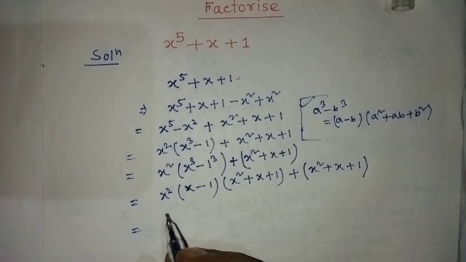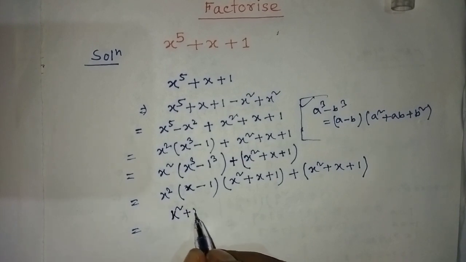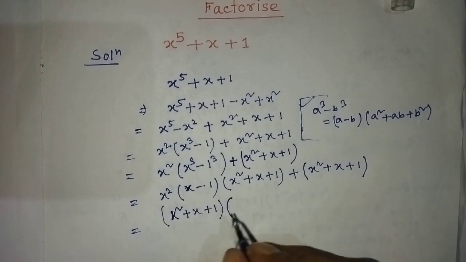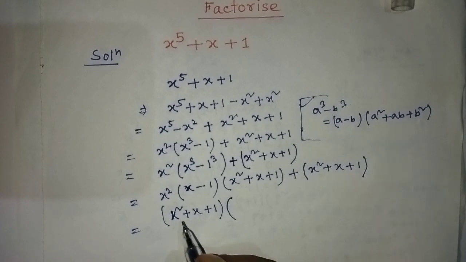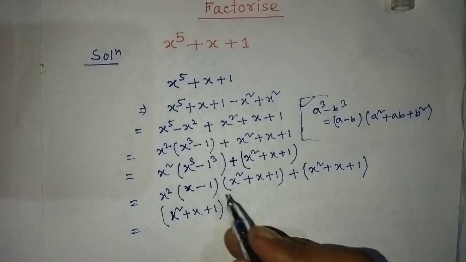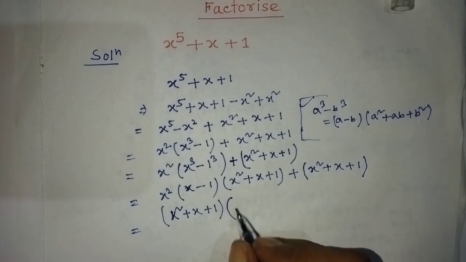After that we have to take common the algebraic expression x square plus x plus 1. After taking it common from both terms, inside the bracket we write x square.